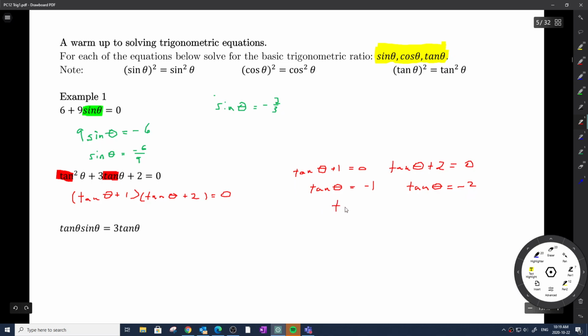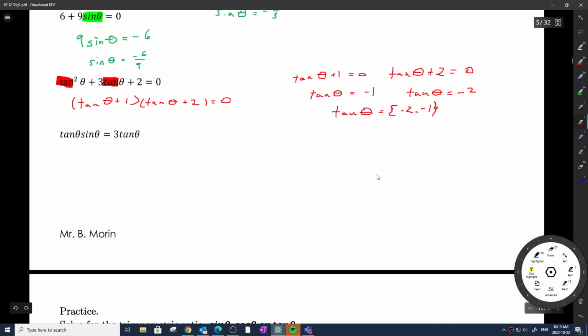So really, my solutions are tan theta equal to negative 2 and negative 1. But in real life, air quotes around real life, I get that I'm teaching trigonometry. We are always trying to solve for theta. Rarely are we trying to solve for the tangent ratio, but this is going to help us when we hit that roadblock.